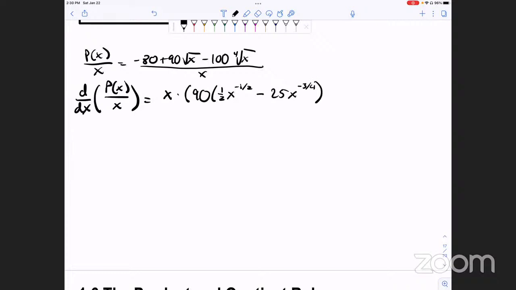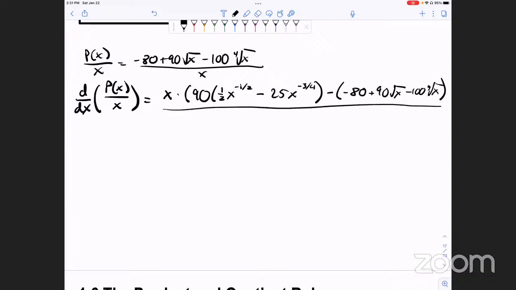So the bottom times the derivative of the top minus the top times, now the derivative of x is just 1, so we can leave that, over the bottom squared. Now this may have been a little bit easier if we had rewritten it, just distributed the x into the numerator. We'll try this. If we get it wrong, we're going to come back and rewrite that profit function. We want to simplify it now. But let's keep going. We're almost done. And what we can simplify.